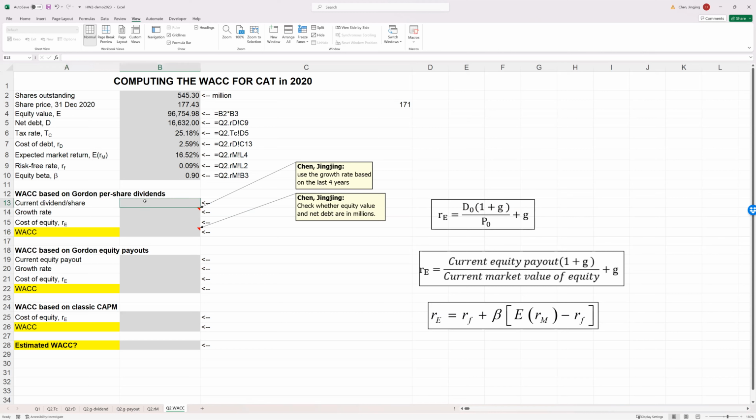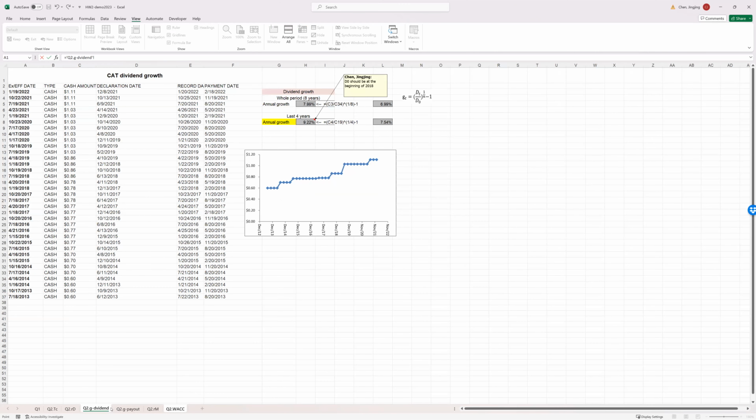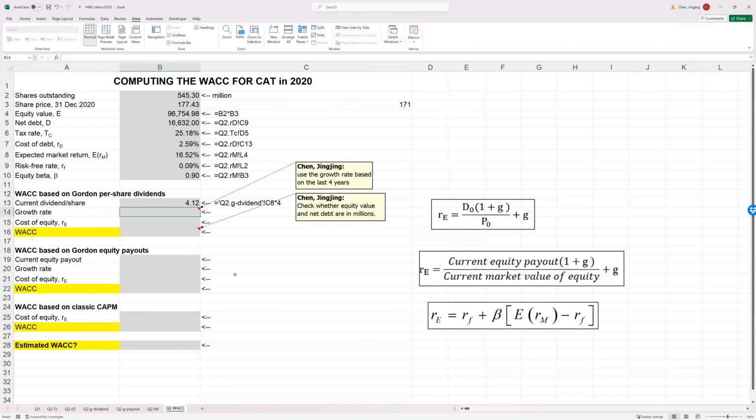Then let's go ahead and start. The current dividend comes from our previous data here. I would use the end of 2020 figure, 1.03, and since this is a quarterly dividend, I will multiply by 4.